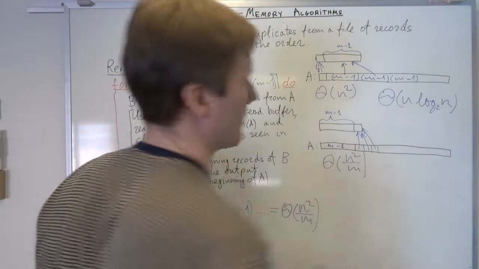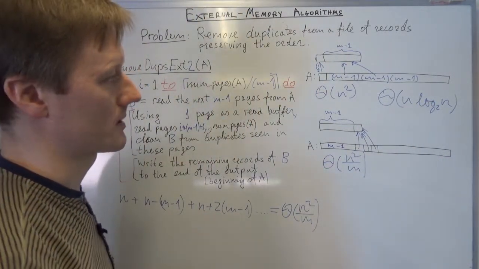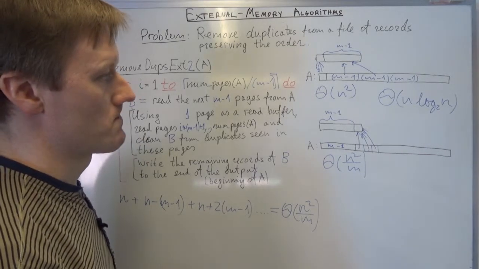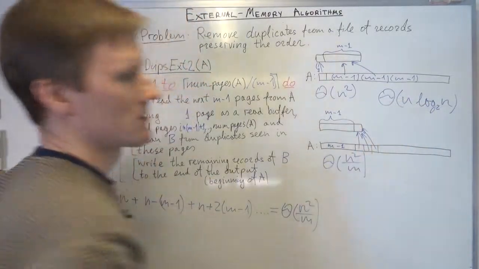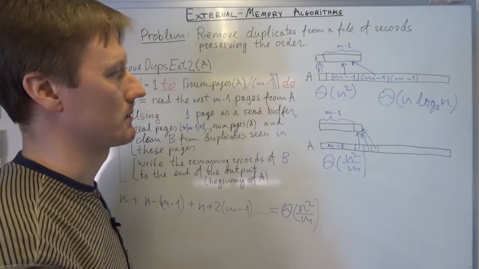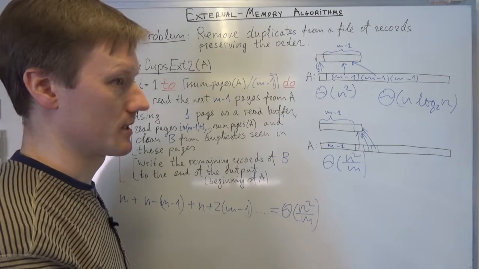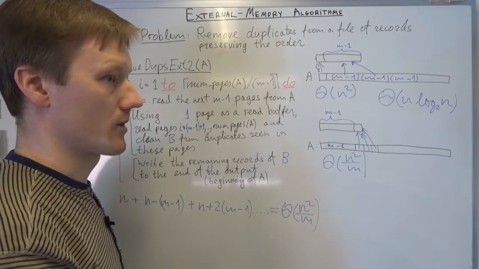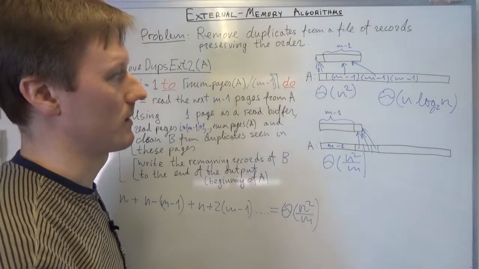Each read and write corresponds to a merge phase where I double the length of my sorted runs. And this algorithm, the same as the previous one, uses only 3 pages of main memory: 2 pages as read buffers for the runs that I am merging currently, and 1 page as an output page buffer.